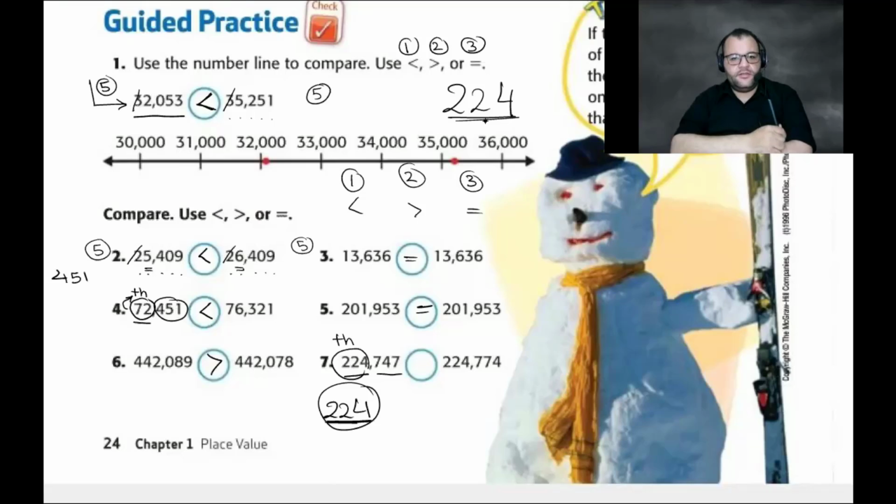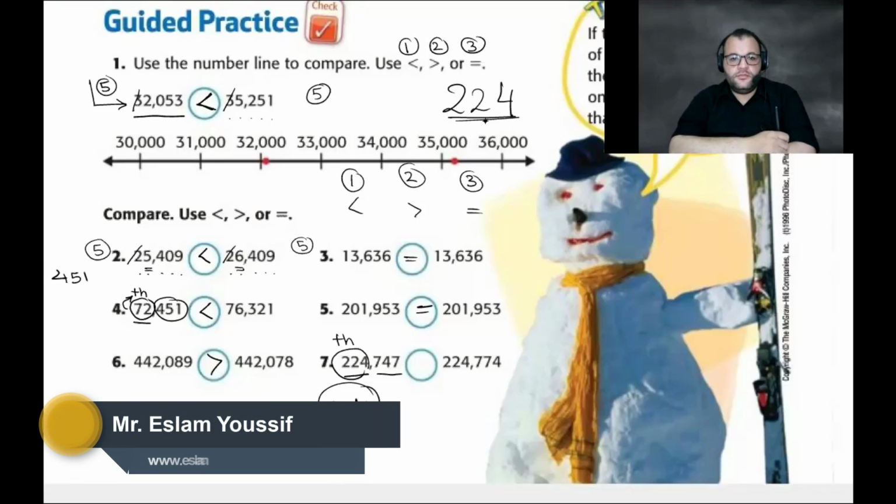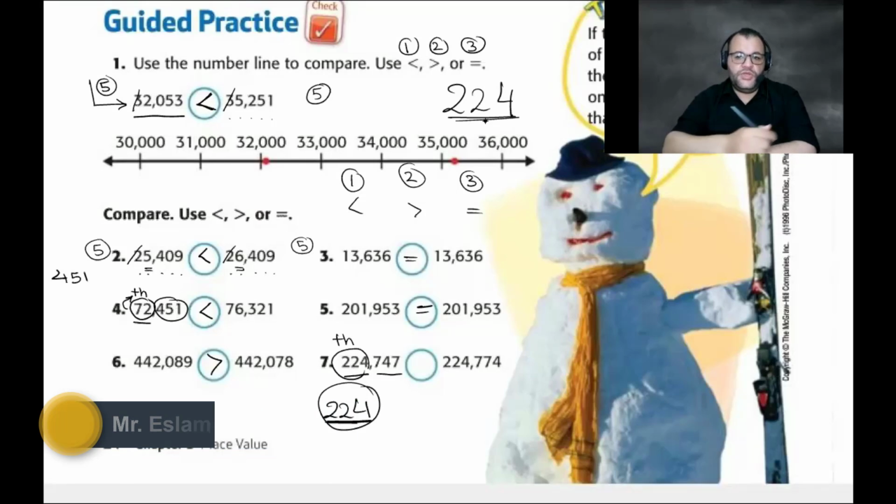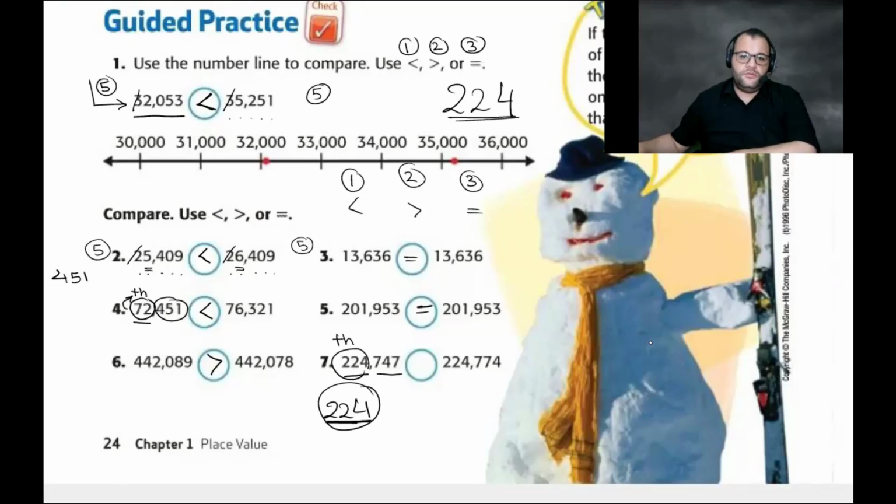Read it again, try again. That's only 3 digits. Read the 3 digits. There is no other number. Sorry, I can't hear. 24, 22, 400? No.